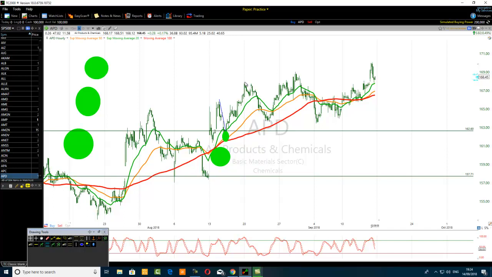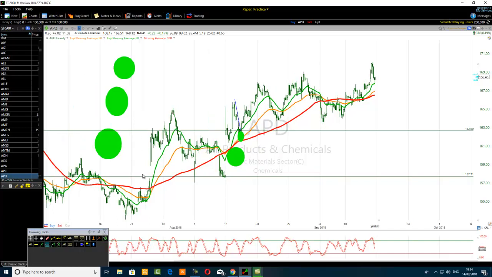On the other hand, if we see a bearish moving average crossover like here, you see, 20 cross above 100. It went up. It's a good crossover. I want to use that.